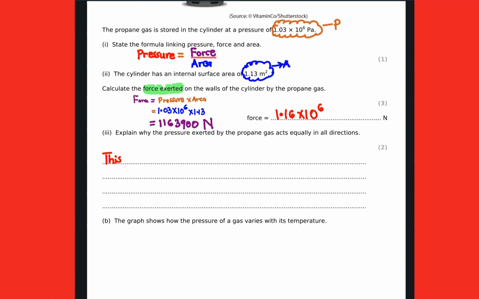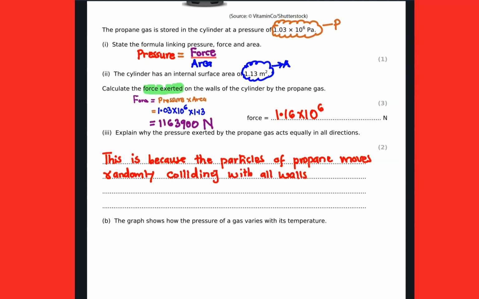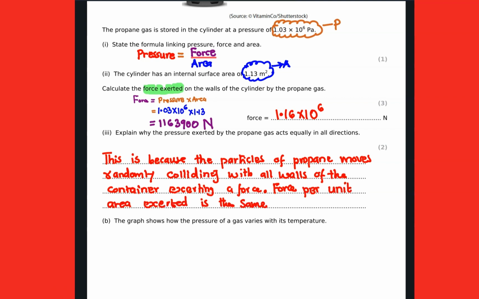Next, we are supposed to explain why pressure exerted by propane gas is equal in all directions, and then say that this is because the particles of propane move randomly, colliding with all walls of the container, exerting a force per unit area that is the same on all sides, hence pressure is the same on all sides.